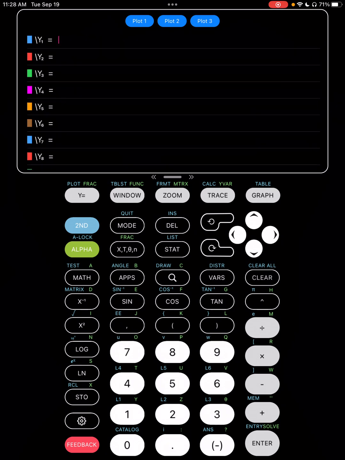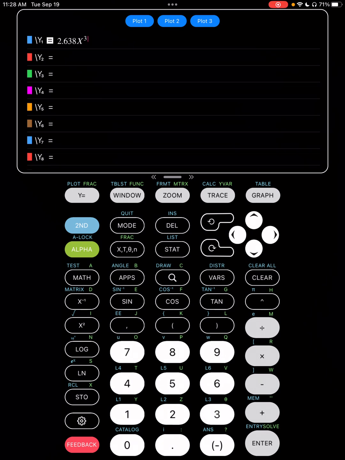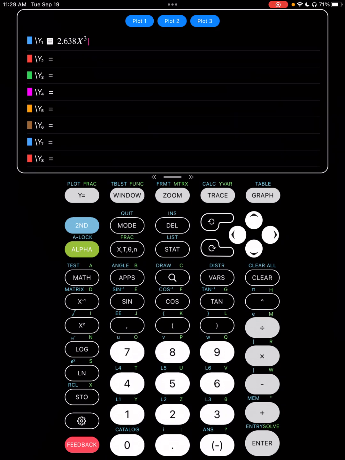So you would do 2.638, hit the little variable button for the x, and then underneath the clear, you'll see that little caret, which is how you get the exponent. Then make sure you hit the right arrow to get out of the exponent, and type in the rest of your function. Then you can hit graph, and it's going to bring you to your graph.